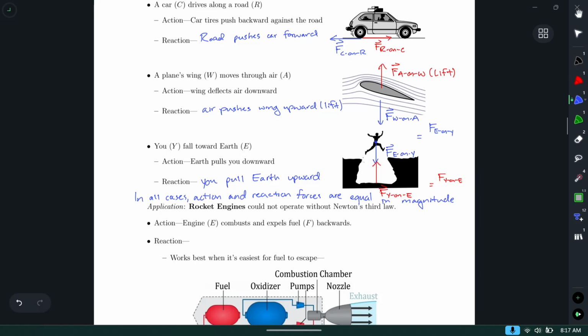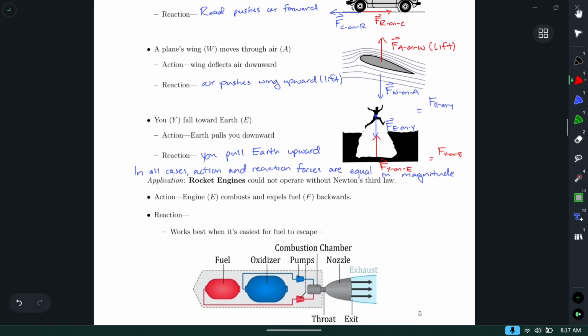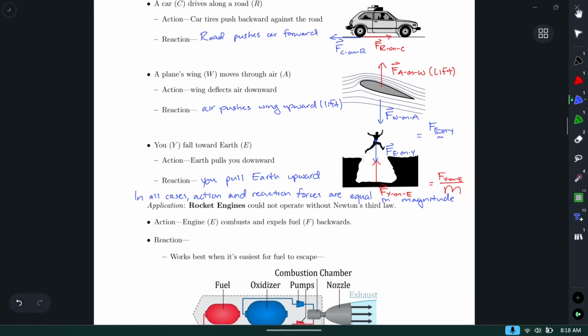So between me and the Earth, which one has a bigger mass? The Earth. Yeah, unbelievably bigger. So huge mass versus tiny mass. Okay? So who ends up with the larger acceleration? Me or the Earth? You.